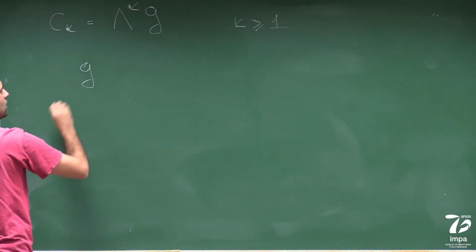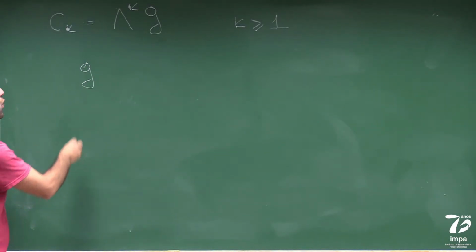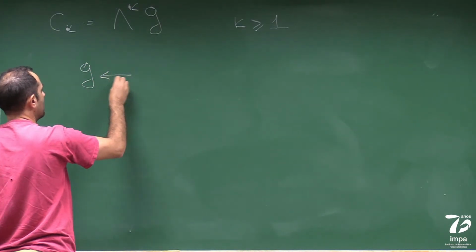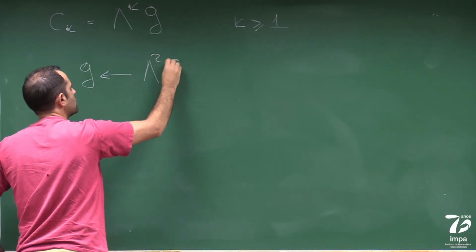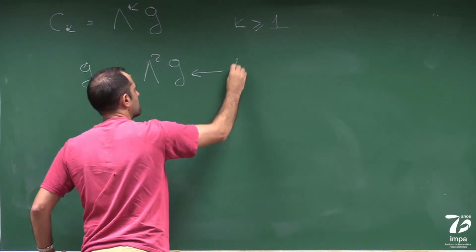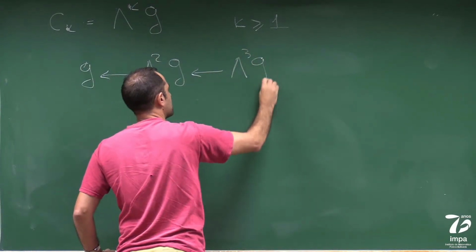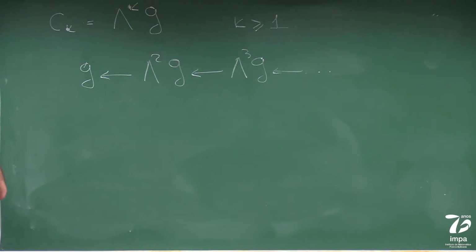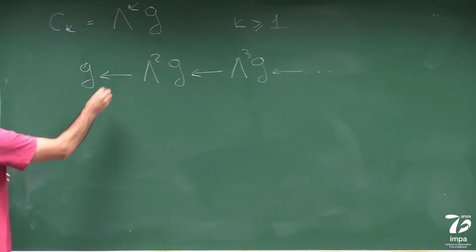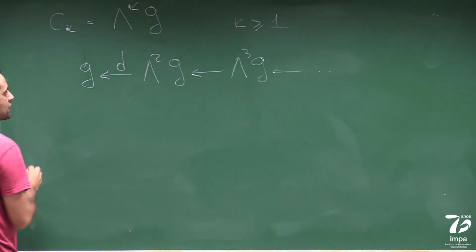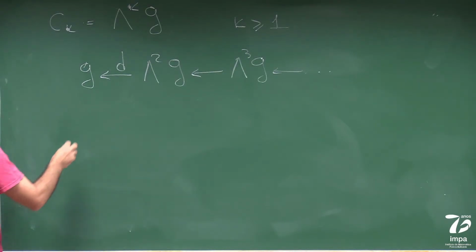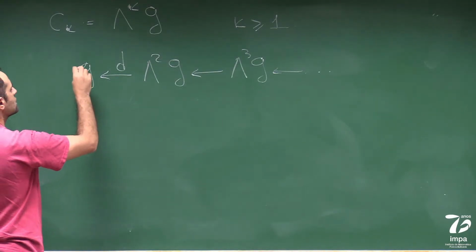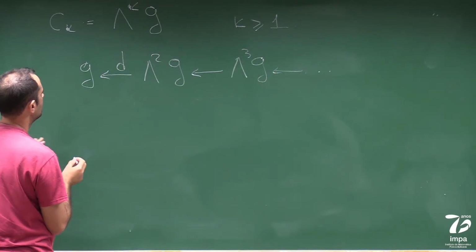So this has wedge 1 of G, there's wedge 2 of G, there's wedge 3 of G, sorry, and so forth. So I want to give you what this differential is. I'm going to write down here an explicit differential, and I'm going to put this guy here in degree 0.